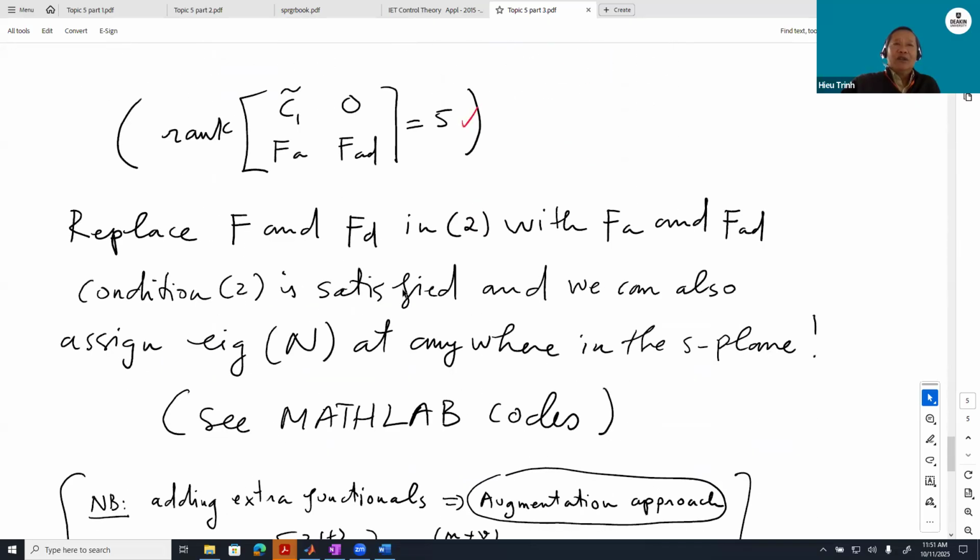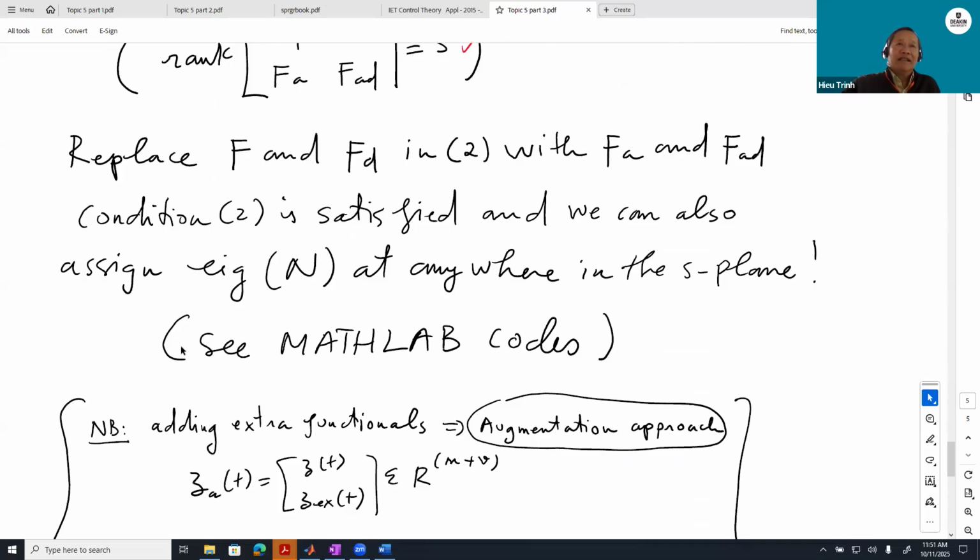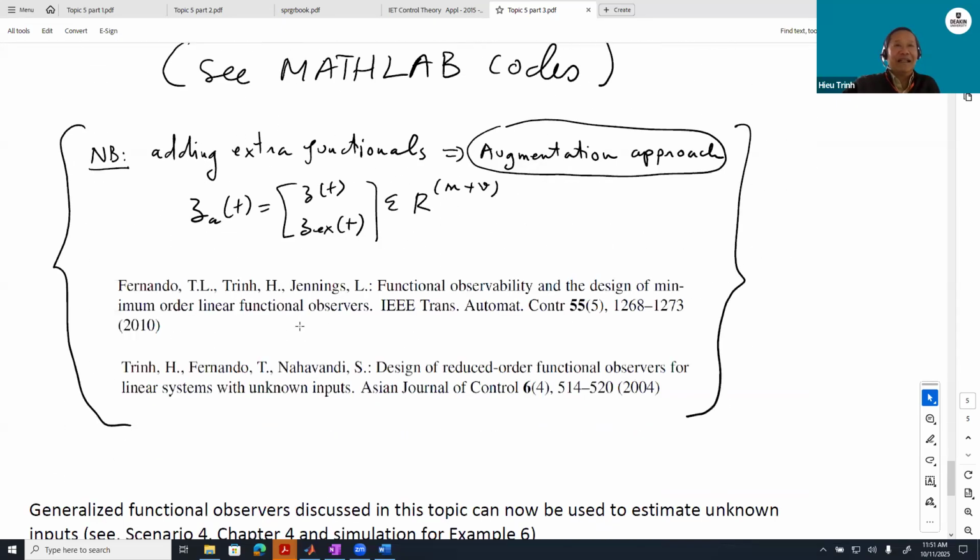Can we ensure stability or detectability of the pair of the error dynamic equation? Maybe there should be another investigation into the generalized functional observability condition for generalized functional observers of time delay systems, something along that line.